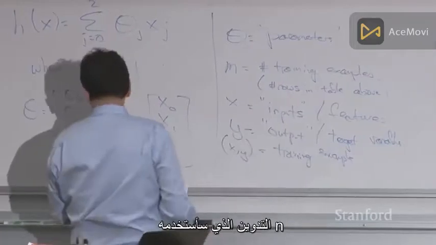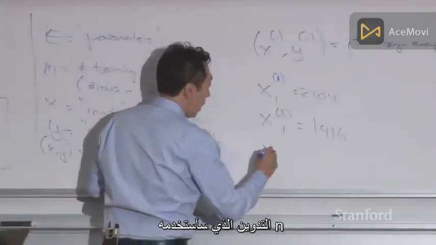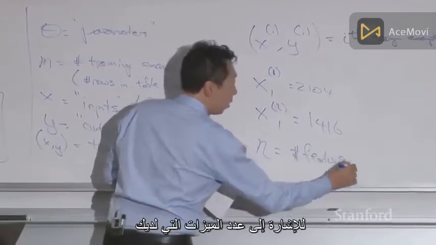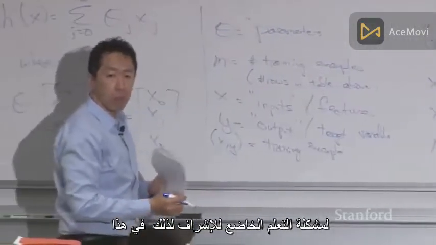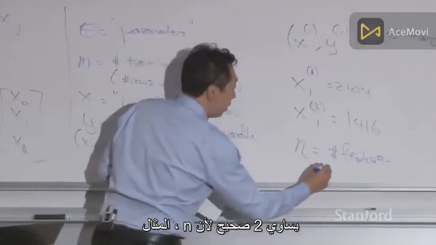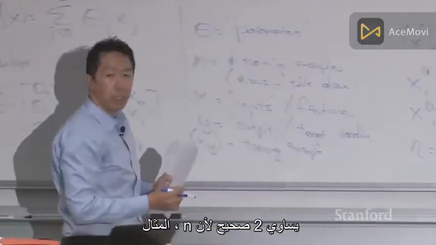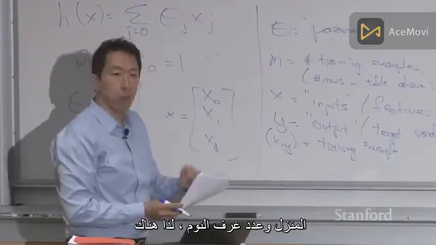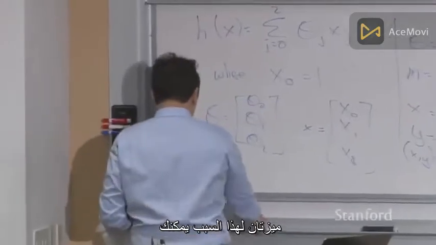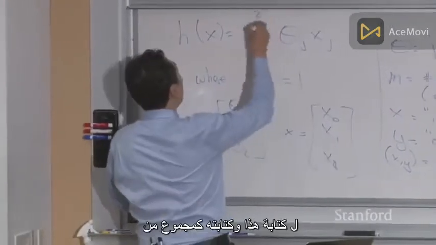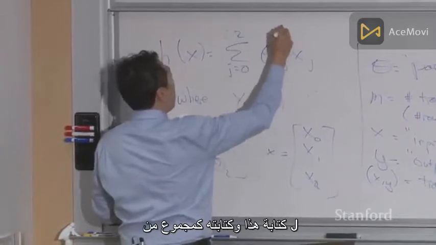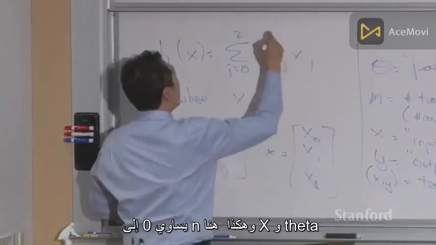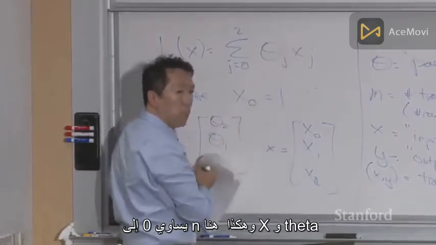And then one last bit of notation, I'm going to use n to denote the number of features you have for the supervised learning problem. So in this example, n is equal to 2, right? Because we have two features, which is the size of the house and the number of bedrooms. So two features, which is why you can take this, right, and write this as a sum from j equals 0 to n.